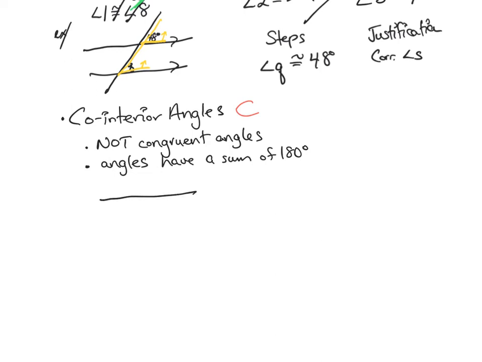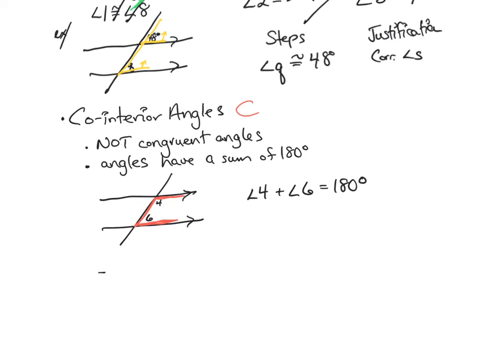Now, where do we find this? If we have our transversal and our parallel lines, the C is inside the parallel lines. So in this case, it'd be angles 4 and 6. So the measure of angle 4 plus the measure of angle 6 together will equal 180 degrees.